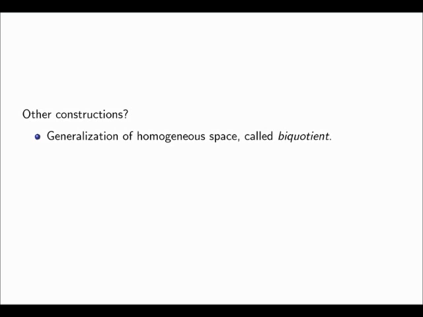These give you a subgroup, called the stabilizer or the isotropy group at that point. And the manifold can be written as the quotient of these two groups. So this is for the homogeneous space.